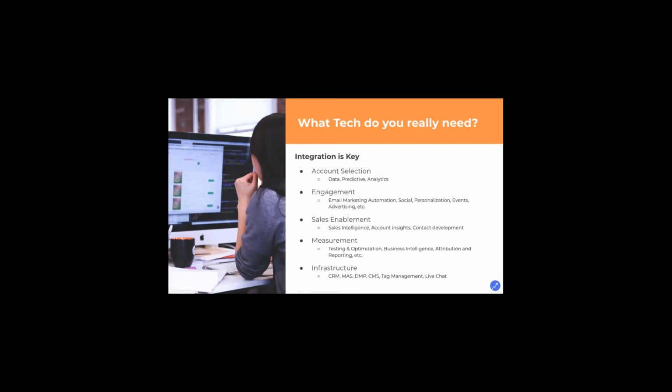Then you need to reach out. So you need tools like email marketing, social management platforms. You need different channels like events, being able to do personalization, whether that be digital or direct mailer. Then on the sales side, once you get them past marketing qualified, you obviously want to enable your sales team.